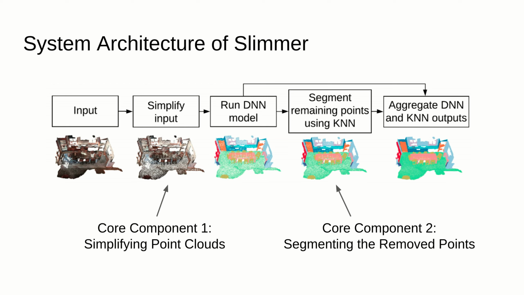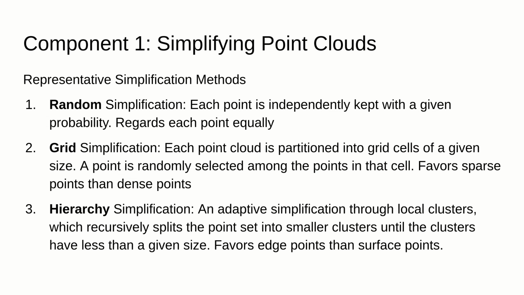Finally, Slimmer aggregates the DNN output for the simplified point cloud and the KNN output for the removed points to finish the segmentation. There are two core components in Slimmer. The first component is to simplify point clouds, and the second component is to segment the removed points.